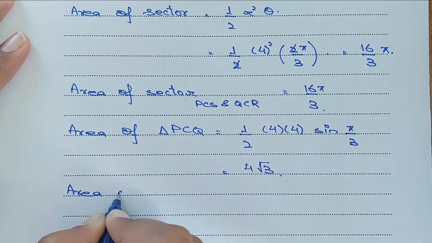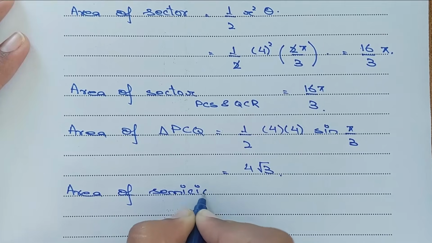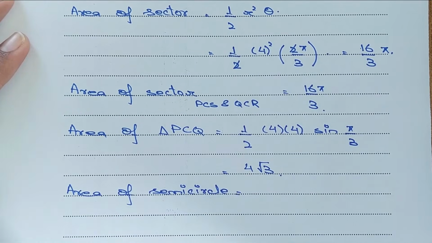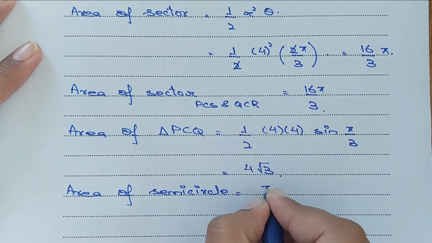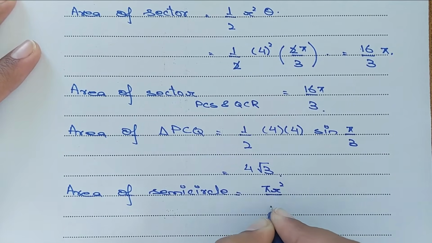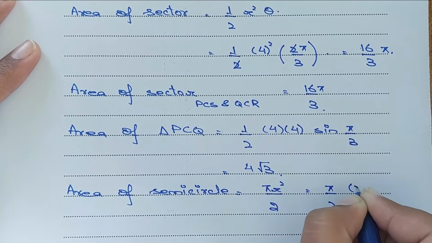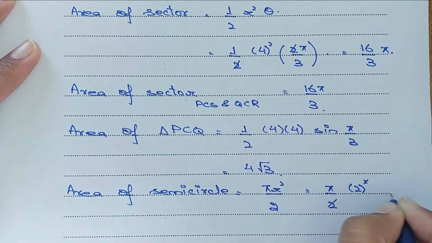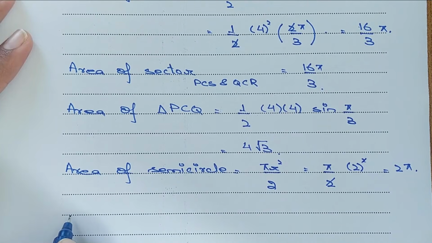Area of semicircle. Area of a circle we have given is pi r square, and area of a semicircle is pi r square divided by 2. So pi by 2, radius is 2 square, so we have 2 pi, right? Okay, now to find, you have to do area of a triangle minus the semicircle, right?